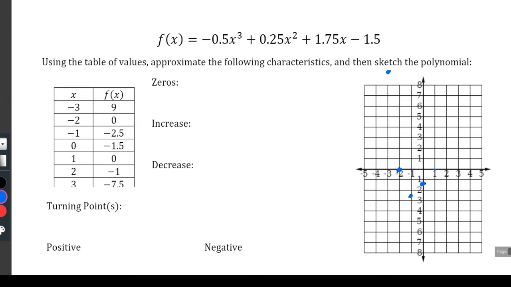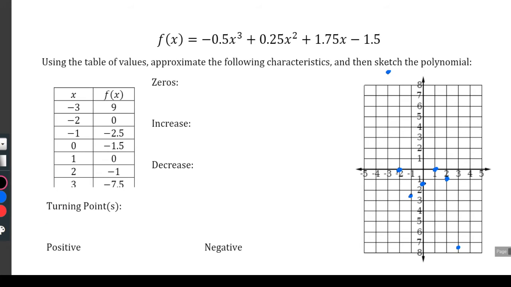At 1, we're at 0. At 2, we're at -1. And at 3, we're at -7.5. It's down here.